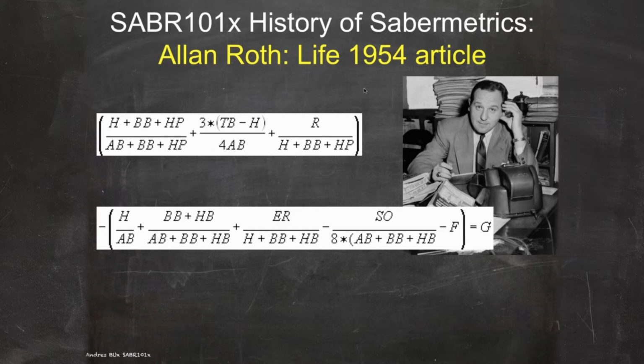It was widely disseminated, and Branch Rickey was one of the more well-known baseball front office personnel. Even though all that's true, this really never took. There was no traction to this. Teams really didn't embrace this at all going forward.